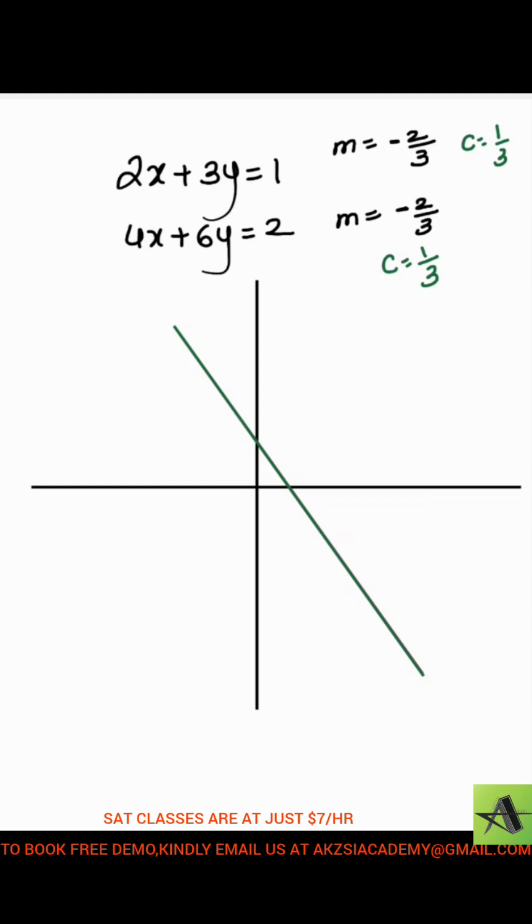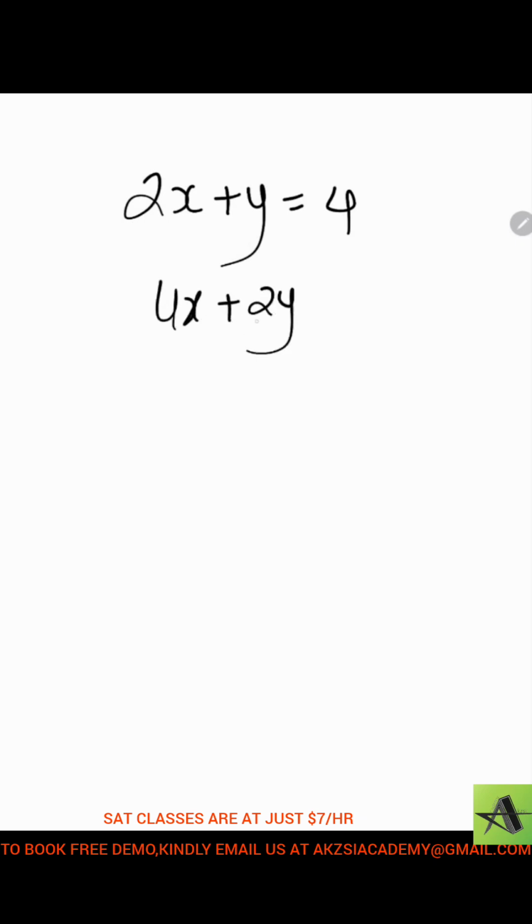And moving on to our third one, which is inconsistent. That means having no solution. So our condition was that a1 over a2 and b1 over b2 should be equal, whereas c1 over c2 should be different. That means, let's say my equations are 2x plus y equals 4, and 4x plus 2y equals 1.